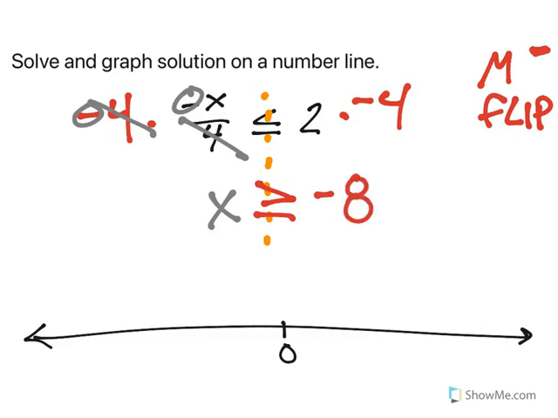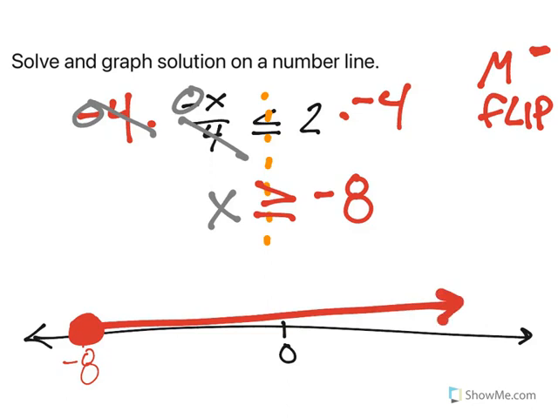So in my number line, negative 8 is going to be over here. And notice, I have an equal. X could be equal to negative 8. So I'm going to have a filled in circle, and it's greater, so it's going to go to the right. At any point in time, if you're like, is this the right way? Check it.